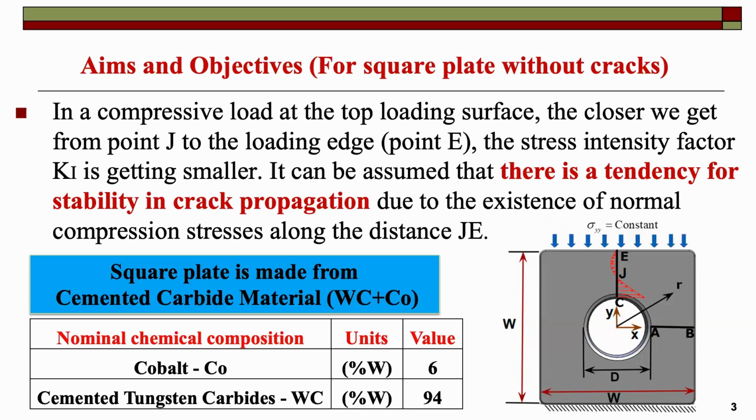We know that because of the geometrical and loading symmetry, the vertical line is a symmetrical plane, and the horizontal plane is also a symmetrical plane. So there is no shear stress on these symmetrical planes, and no deflection perpendicular to the face of the symmetrical plane.